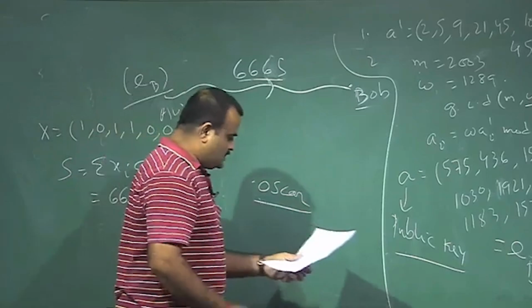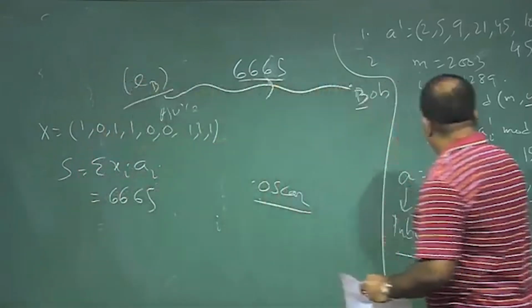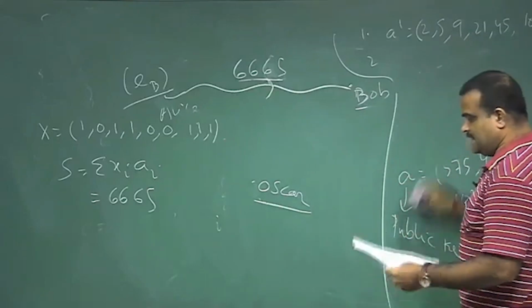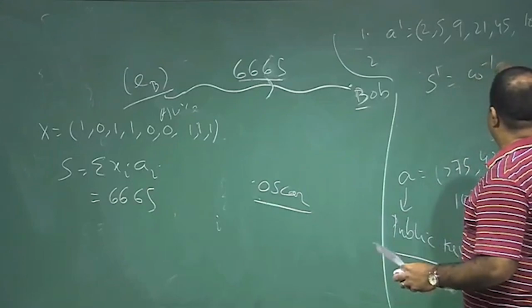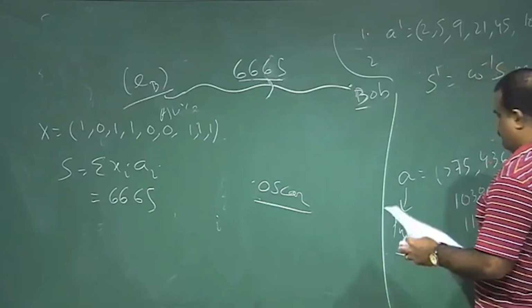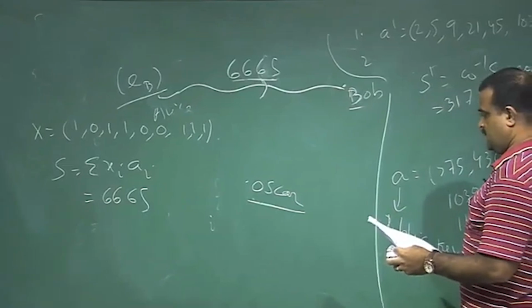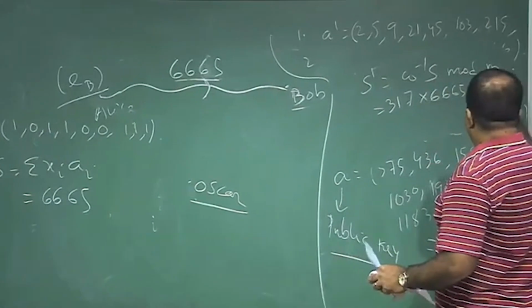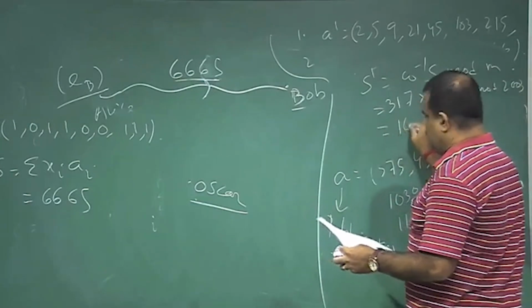Now decryption is just as we have seen. Bob can just apply W inverse S mod M. So this is 317 times 6665 mod M. This will give us 1643.